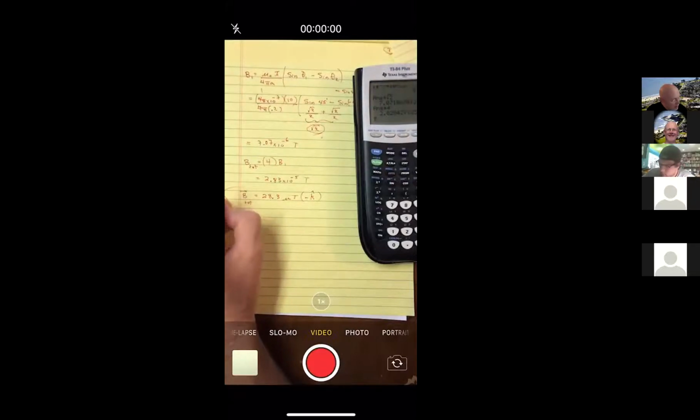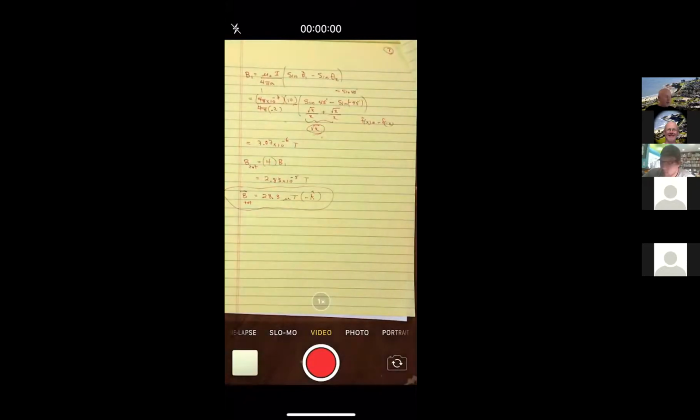And so all of this would be the magnetic field from this square. And I'll switch over to the solutions here and see what they get for number 3. 28.3 going into the paper.